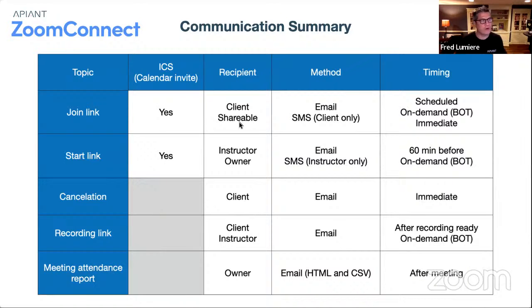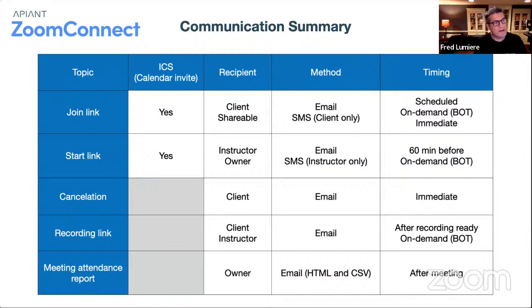Now, what is shareable? Shareable is something we've discovered was important for third parties, studios that were using third party services like GymPass or ClassPass. Often when you use GymPass or ClassPass, they give you the option of taking a link to the Zoom class and putting it into their UI.